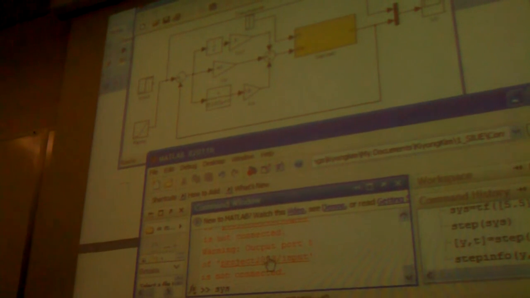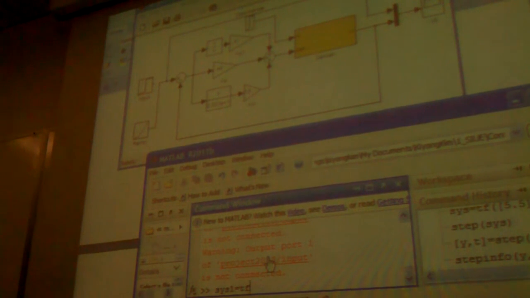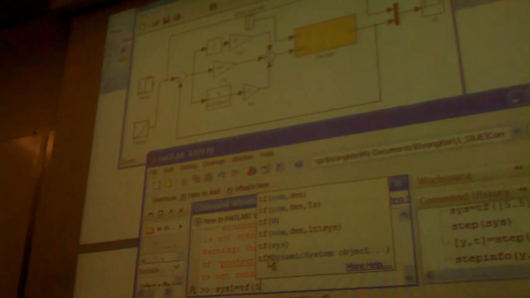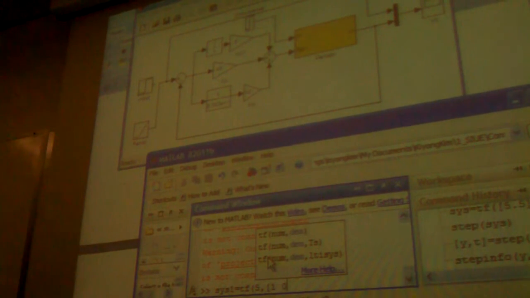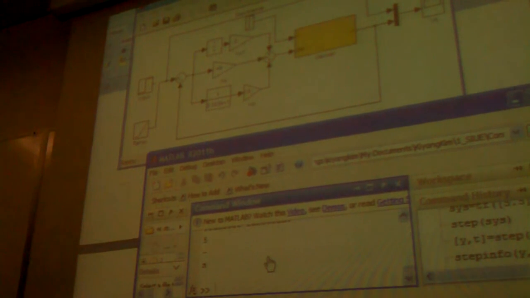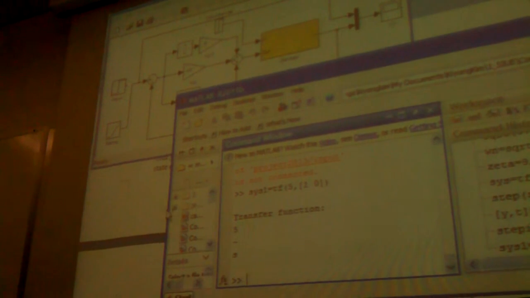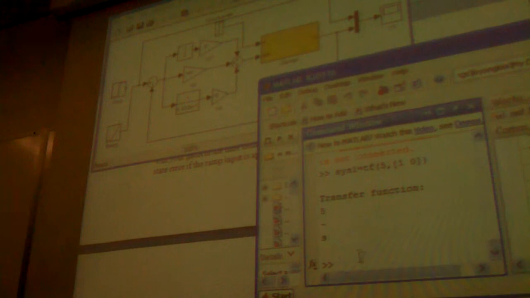This one is a transfer function, 5 over s, right? So numerator 5, denominator s, 0. Now adding 40.